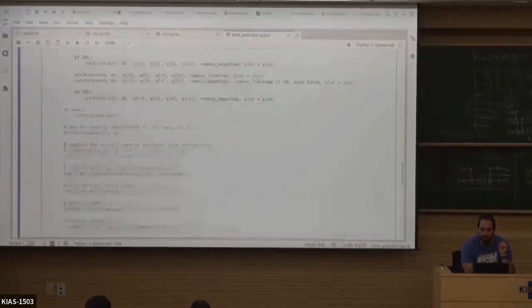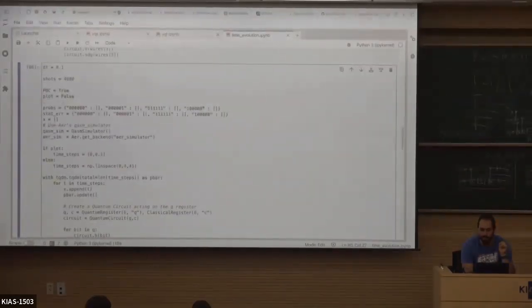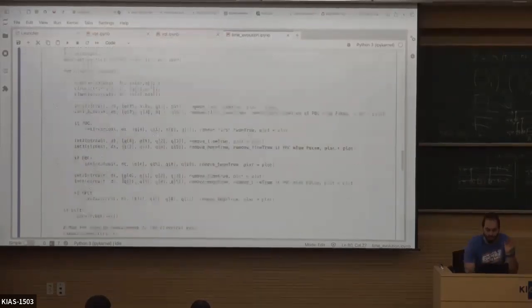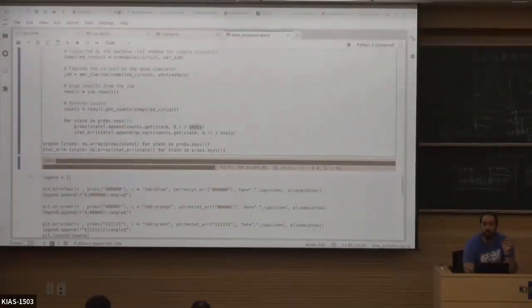In the props key, I have different states. So it's basically taking the number of occurrences of that particular state in your list, and I'm dividing it by shots. Okay, that's the expectation value, the probability of getting this particular state. And if it's not occurring in my configuration, it gets 0.